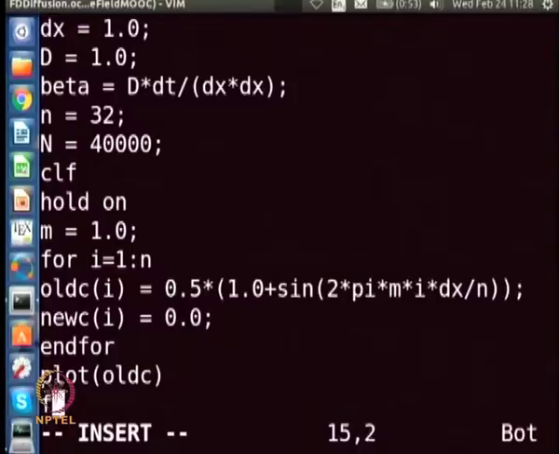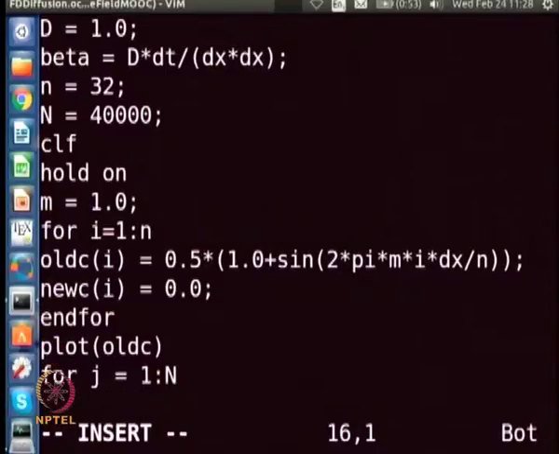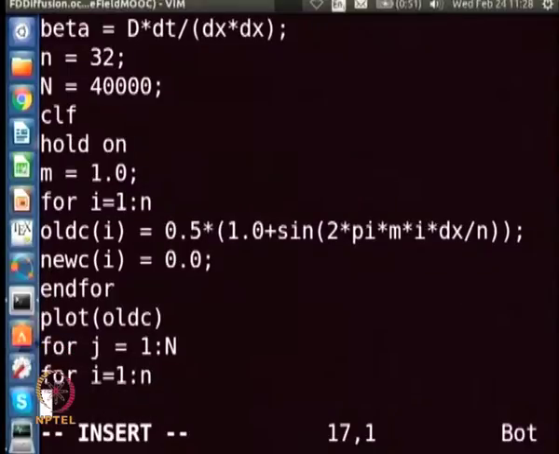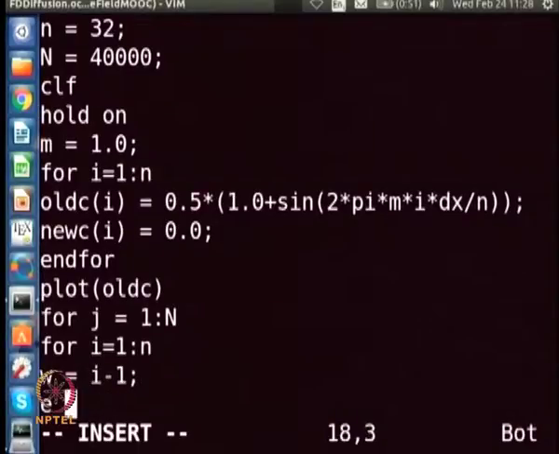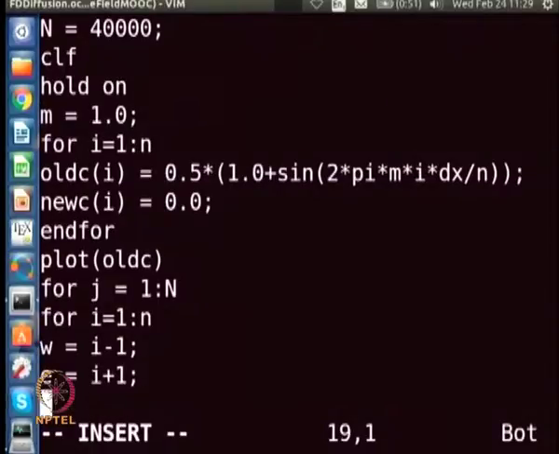Then I say for j is equal to 1 to n, this is the time loop, and what we are going to do for i equal to 1 to n, for every point, what are we going to do? The west point is equal to i minus 1, east point is equal to i plus 1. Now, we have to implement periodic condition. So, boundary condition. If W is 0, that means we are at the first point.